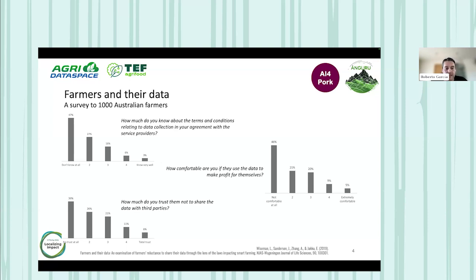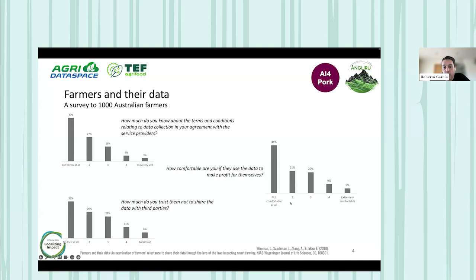Right? That is the last question: how much they trust that the data they have shared with these institutions is not going to be shared further with other parties. You can see that they don't have much trust in all this. Most of them don't have any trust at all, and more than half are more untrustful than trustful.